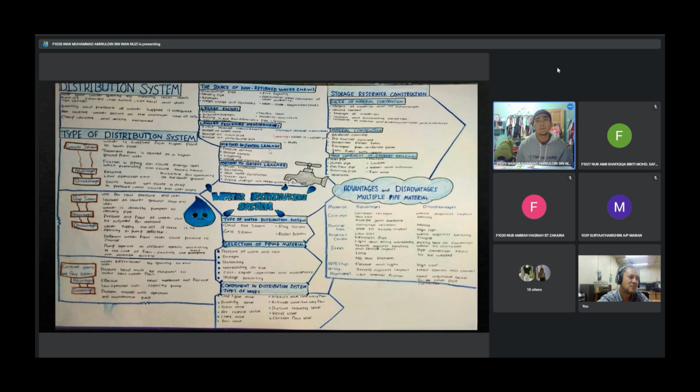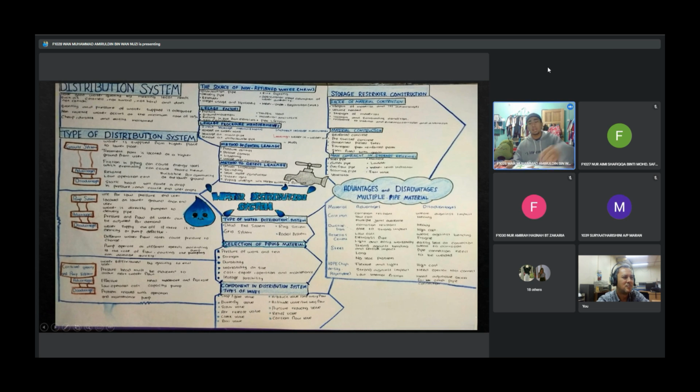The first one is about factor of material construction: lifespan of material and its advantage, strength of material, location and surrounding condition, and the last one is resistant to external corrosion and abrasion. Second, material construction: reinforced concrete, pre-stressed concrete, galvanized steel, fiber reinforced plastic, steel fused with glass.